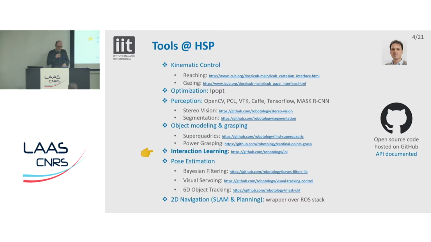There is a mention of honor for interaction learning, because it's an open source software tool that we made available on GitHub that inherits all these services, and over time we have used it to build all our demos. So it's very useful for experienced researchers, but also for newcomers.